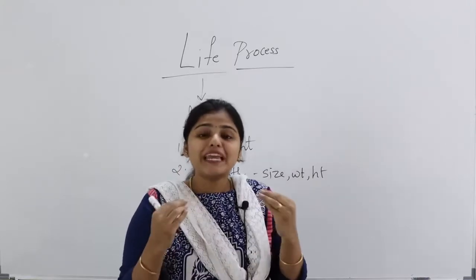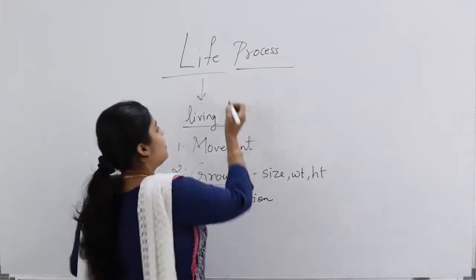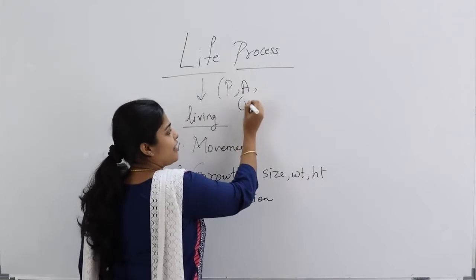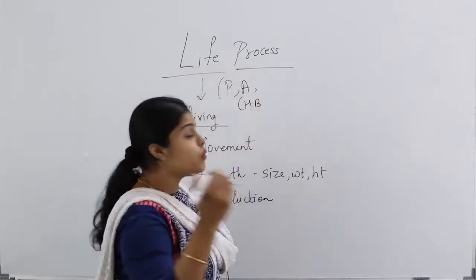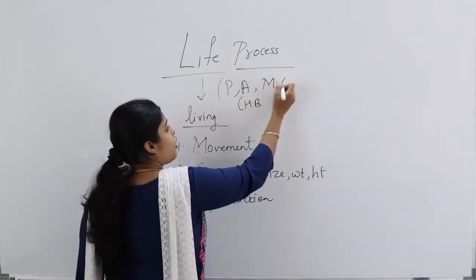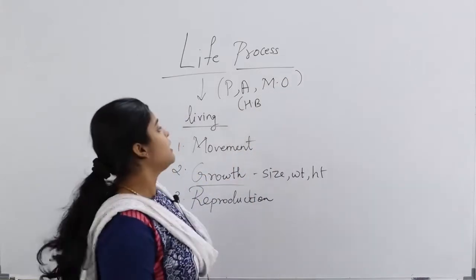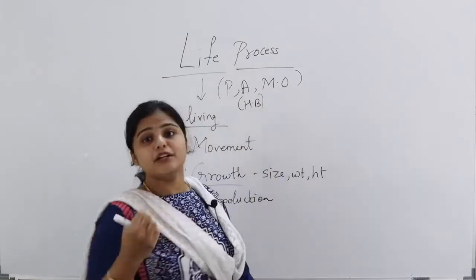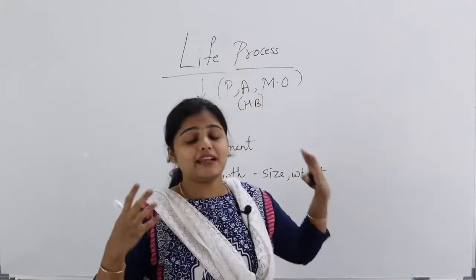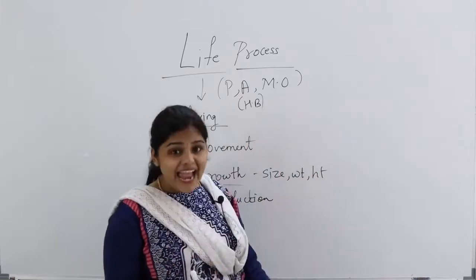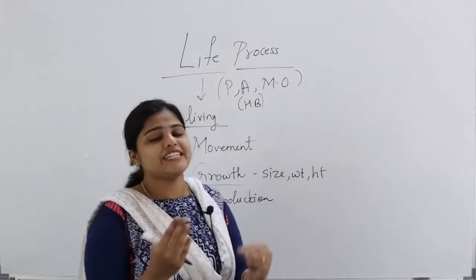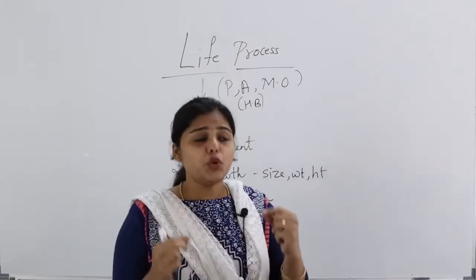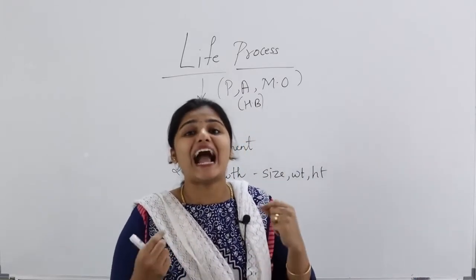When we speak about life, we have plants and we have animals. In animals, you have human beings, plus we have different kinds of microorganisms. Plants are living, animals are living. Microorganisms are very small organisms which you cannot see with your naked eyes.